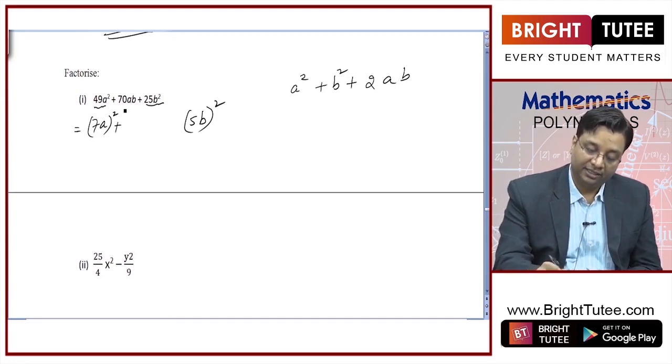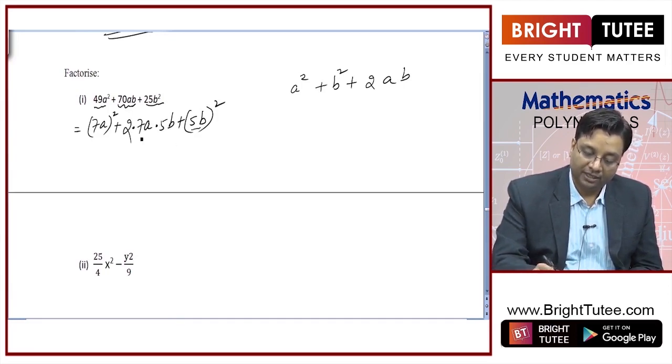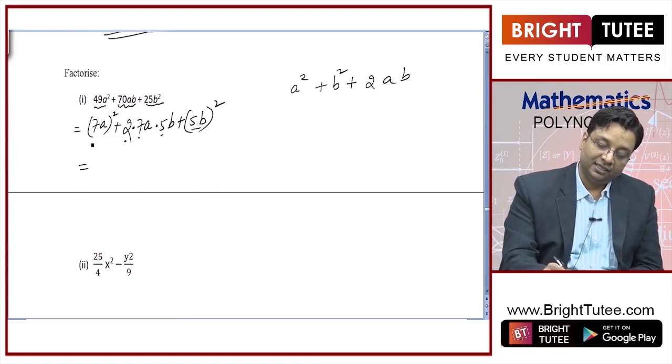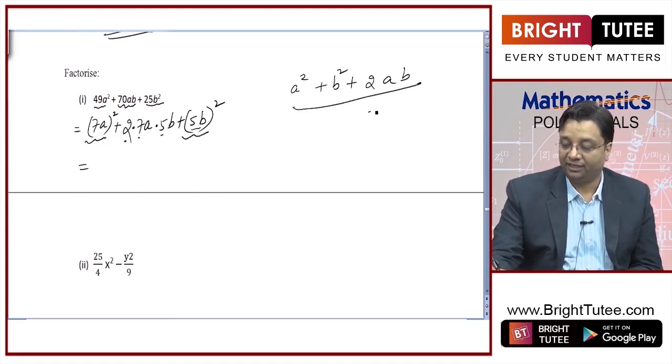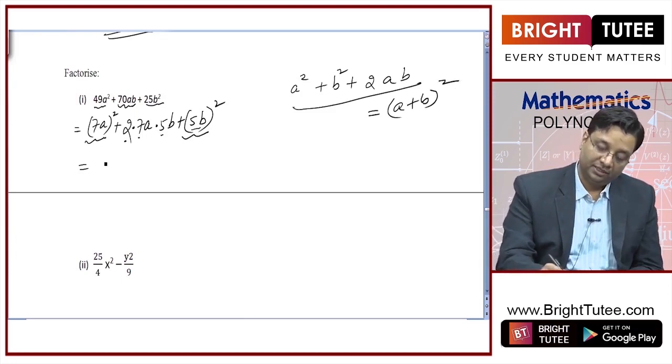So let us see whether 70ab is 2ab or not. Look at it, 7 into 5 is 35, 35 into 2 is 70, so yes, it is 70ab. Hence, if I consider it as a and it as b, it satisfies this identity and will be equal to (a + b) whole square. So I can say (7a + 5b) whole square, right?